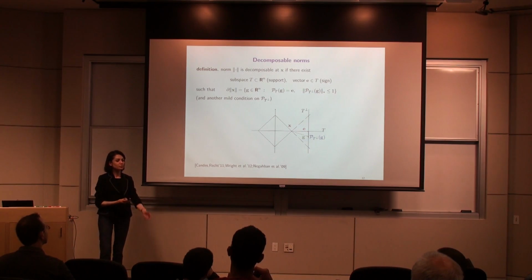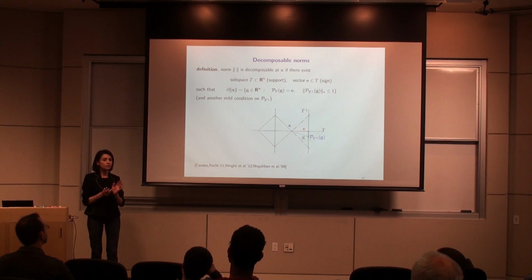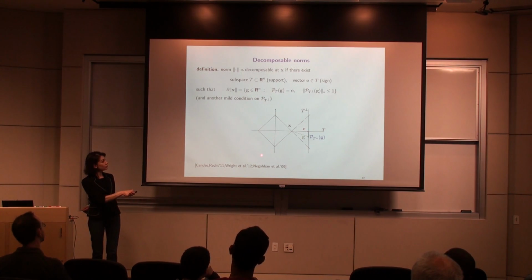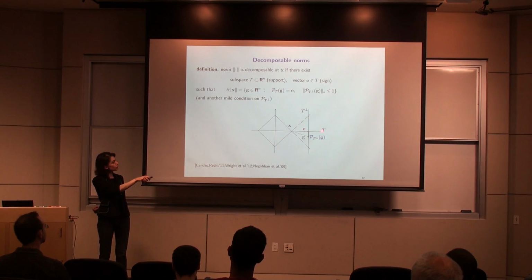It may look a little complicated, but basically it says that the subdifferential of the norm, the directions in which your norm is decreasing, has a nice structure and decomposes into T and T perp. Think of, for example, the L1 norm. This is in 2 dimensions, this is the L1 norm ball, and this is, let's say, the point x that we want to recover. At this point, the subgradient of the L1 norm will be vectors such as this G, whose projection onto the support of x, which is this axis, is E, the sign vector.